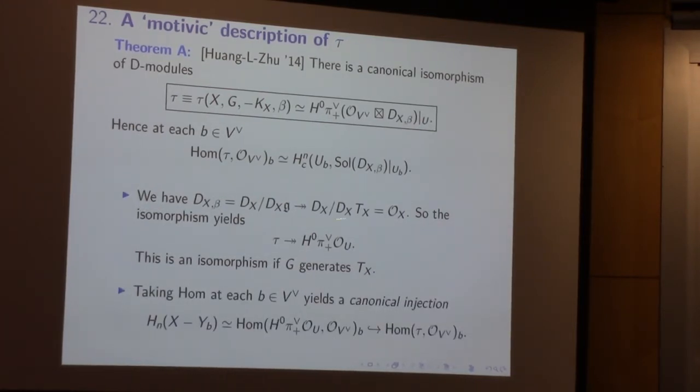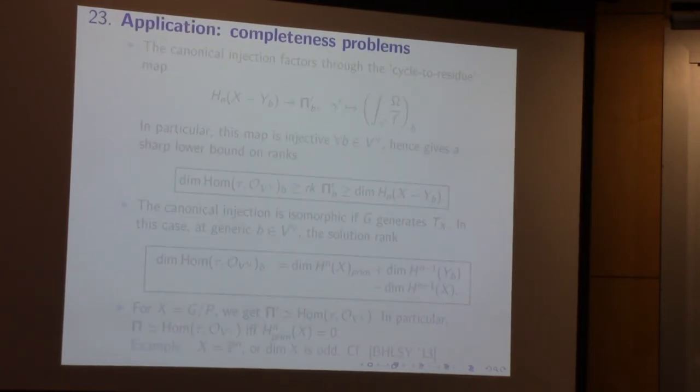Now I want to take the Hom of this description, and I'll get the following injection. So dualize it. I get a canonical injection from this middle degree homology of the complement into the solution sheaf. And you can write down this injection in a fairly straightforward way.